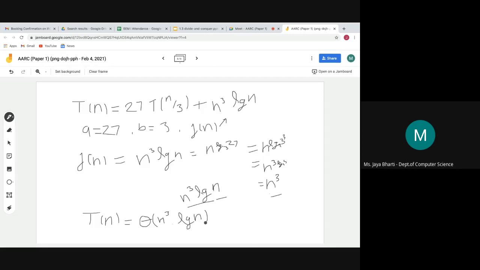So you can see that this and this are the same thing. Okay, so whenever this will happen, agar ye dono equal hain, asymptotically equal hain, toh unka time complexity bhi similar hi hoga. So because this function and this function are asymptotically equal, that's why the solution is similar to this one only. Okay.